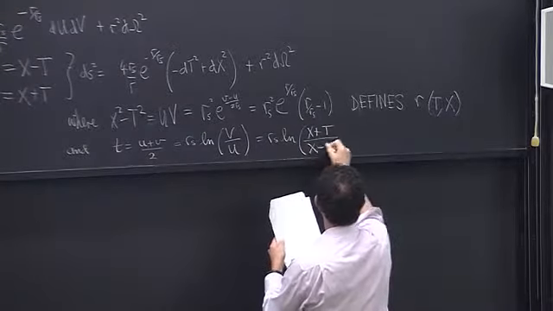That's a hyperbola in the tx plane. So the singularity, which used to be at a point, is now a line in these xt coordinates, i.e. a hyperbola.